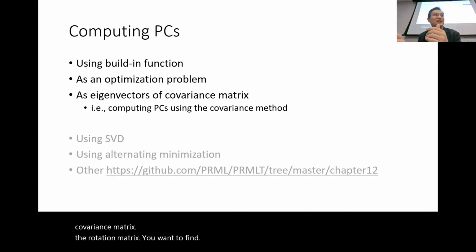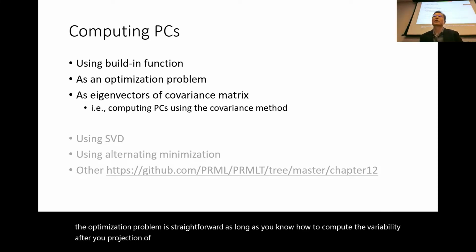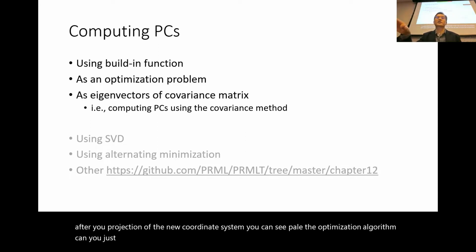It certainly is a little bit of a jump, because the optimization is probably straightforward. As long as you know how to compute the variability after your projection onto the new coordinate system, you can tell the optimization algorithm, can you just find the solution for me? So then you use a black box machine learning method to get the solution.